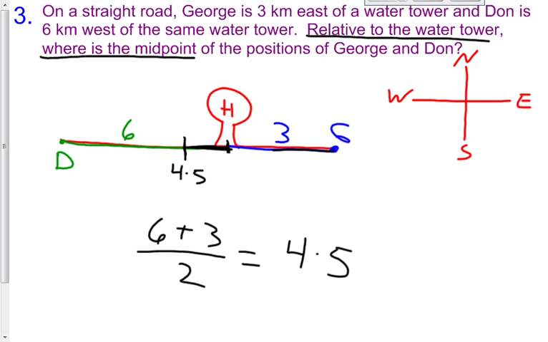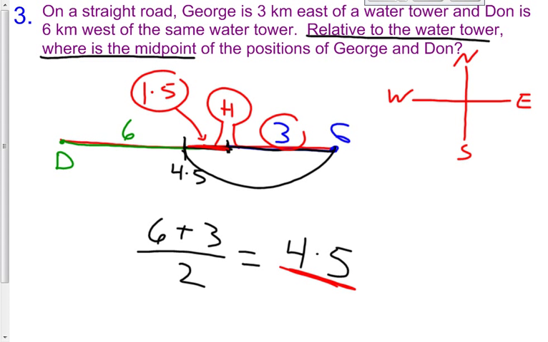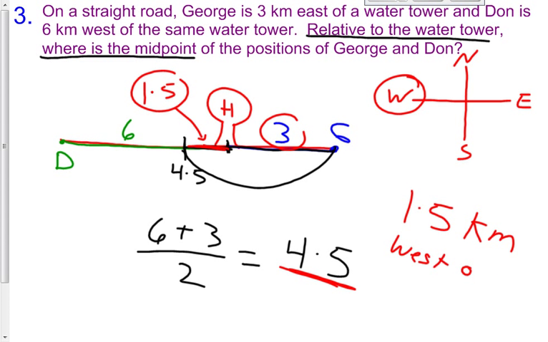If from here to here is 3, and from here to here is 4.5, then this distance right here must be 1.5, because 3 plus 1.5 is 4.5. So relative to the water tower, our midpoint is 1.5 kilometers. In which direction? It's west of the water tower. 1.5 kilometers west of the water tower.